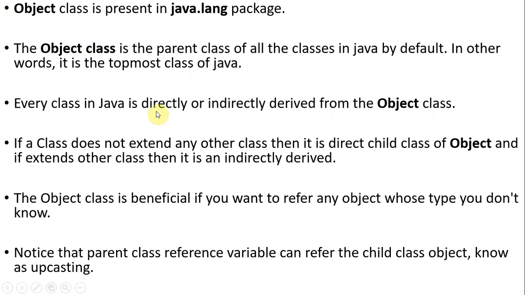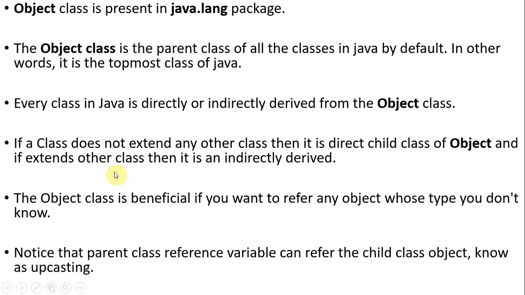If you create a new class and it extends some other class, for example in earlier examples, class Bike and class Honda extends Bike, those are user defined classes. The Honda class extends the Bike class. Whether it extends or not, there is no issue. If the class does not extend any other class, then it is a direct child of the Object class.